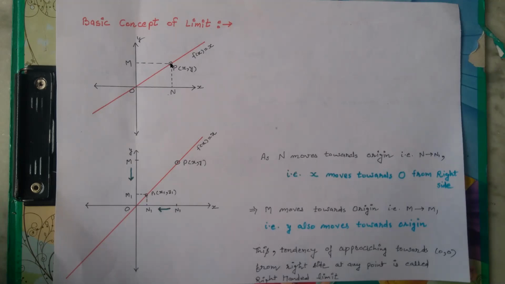If this point P is moving towards the origin, in the course of movement suppose this point P reaches here at P1. Here the coordinates become x1, y1.